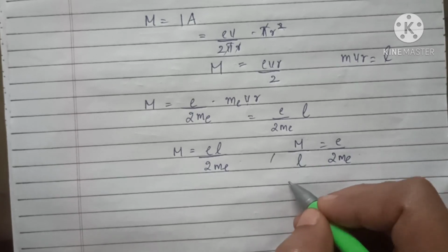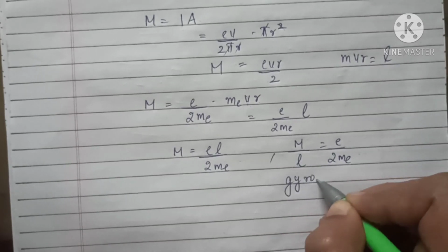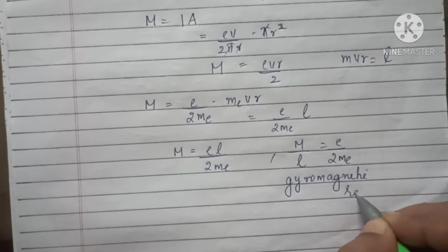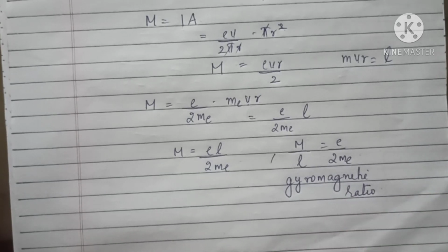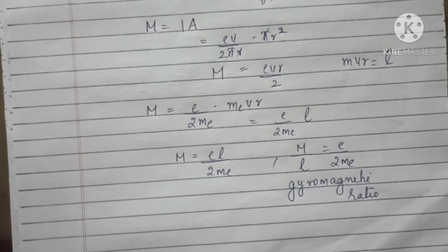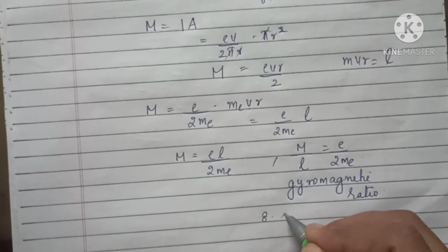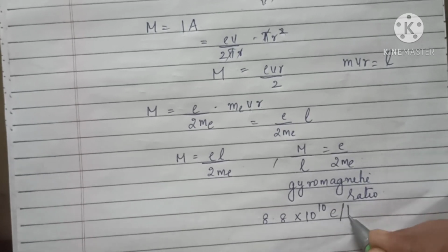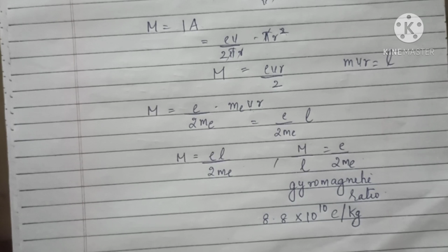This constant is known as gyromagnetic ratio, and its value is 8.8 into 10 raised to 10 coulomb per kilogram.